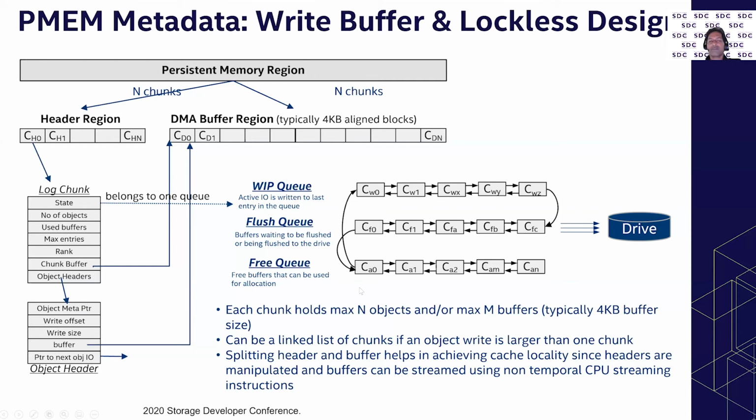So the intent of this design is essentially to make sure that we are operating on a very small data footprint when it comes to manipulating the data and persisting the data on the persistent memory, right? And getting the performance needed without taking any locks. That's really the crux of the write buffer design.